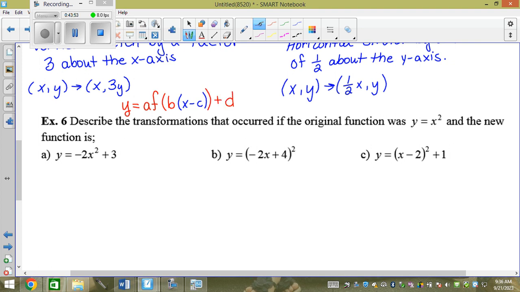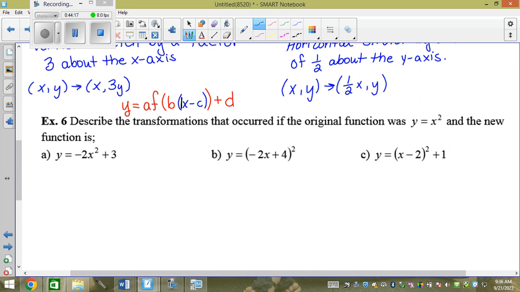I have to have a positive 1 in front of my x when I go to say my horizontal translation, or it will be wrong every single time. So before I go to do any type of transformation work, I always make sure my equation is in y equals and that there is a 1 in front of my x. If there's not a 1 in front of my x, I have to GCF first.